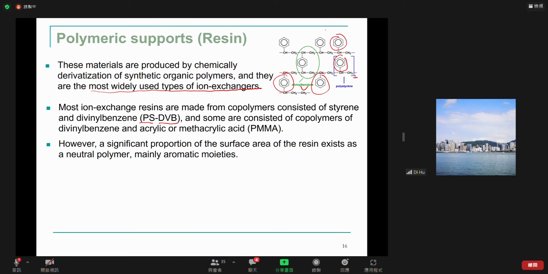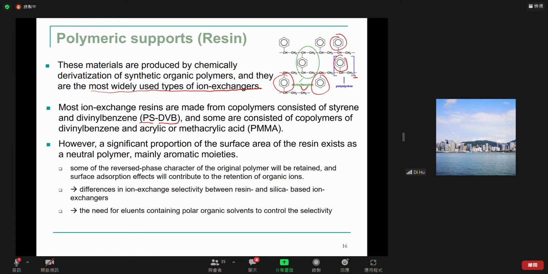It's not derivatized. Because of this aromatic functional group, which is hydrophobic, some of the reverse phase character of the original polymer will be retained.